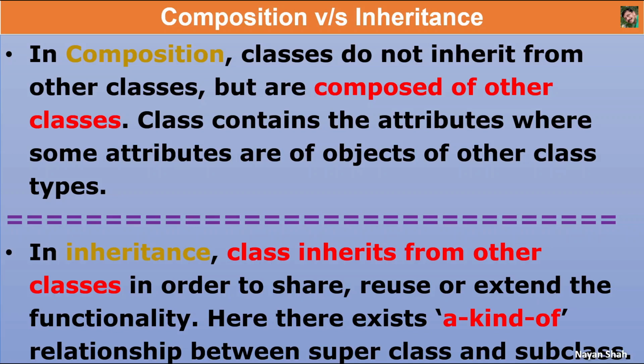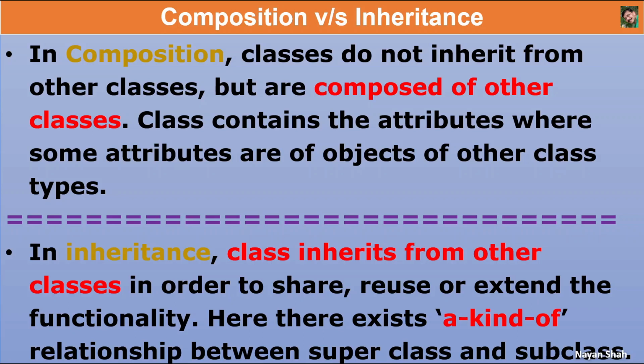Whereas in inheritance, a class inherits from another class in order to share, reuse, or extend the functionality. Here there exists a kind of relationship between superclass and subclass. So that is composition versus inheritance.